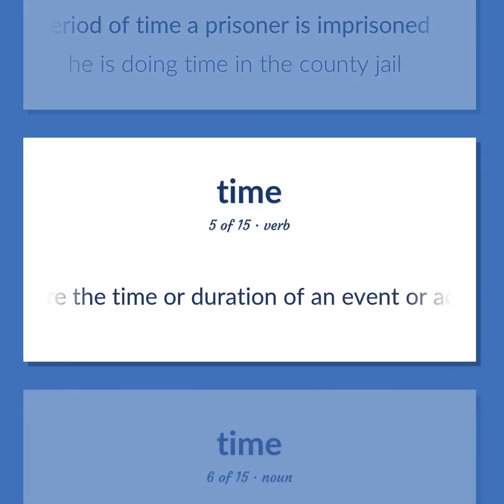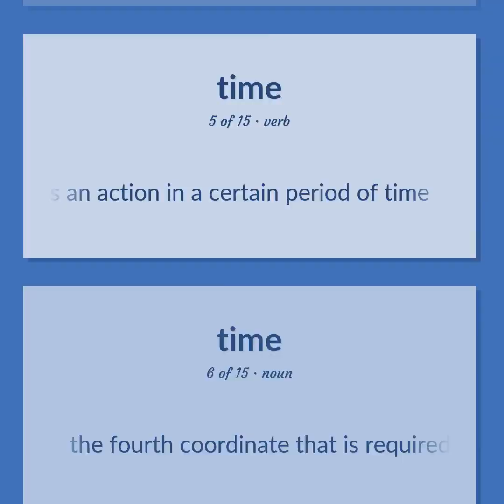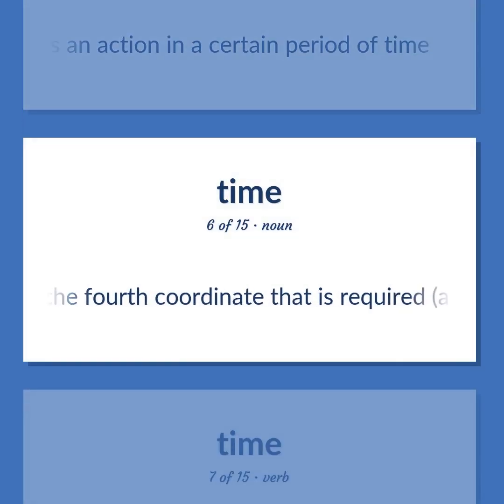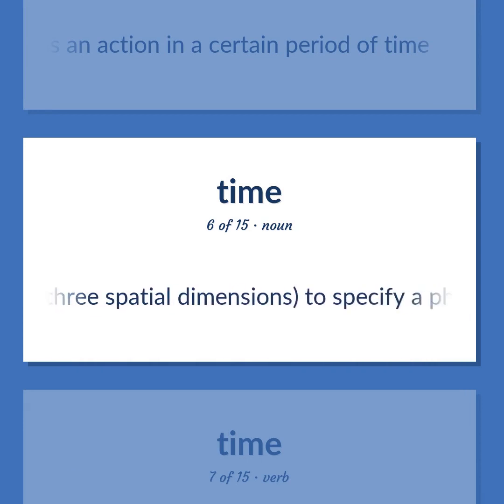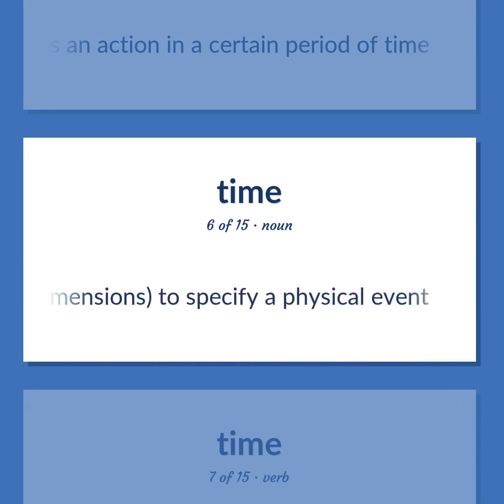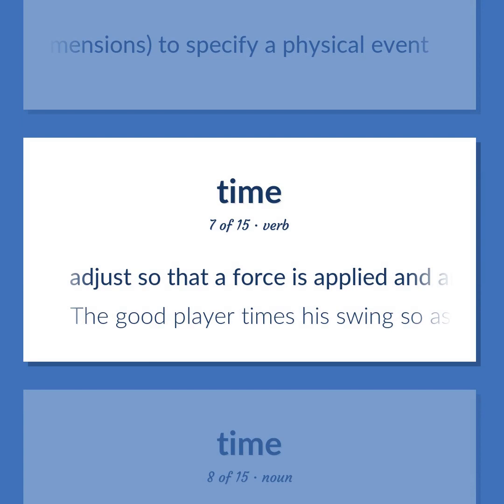Measure the time or duration of an event or action or the person who performs an action in a certain period of time. The fourth coordinate that is required, along with 3 spatial dimensions, to specify a physical event. Adjust so that a force is applied and an action occurs at the desired time.